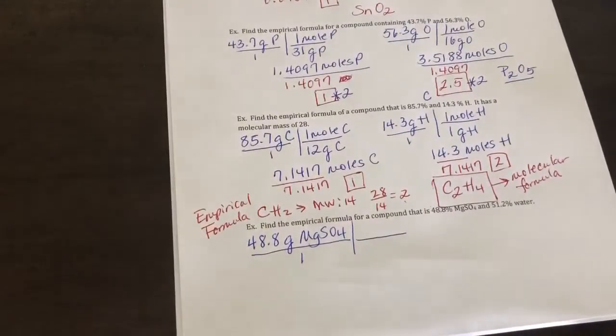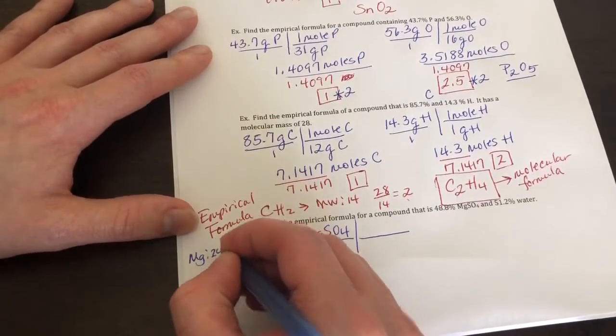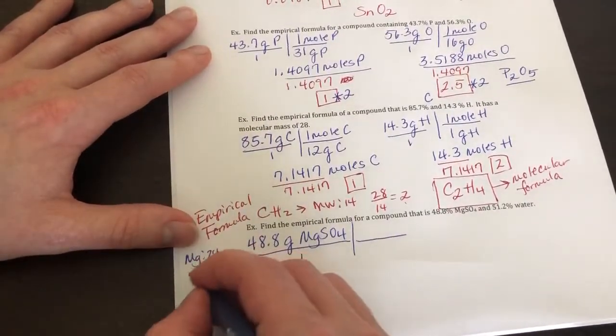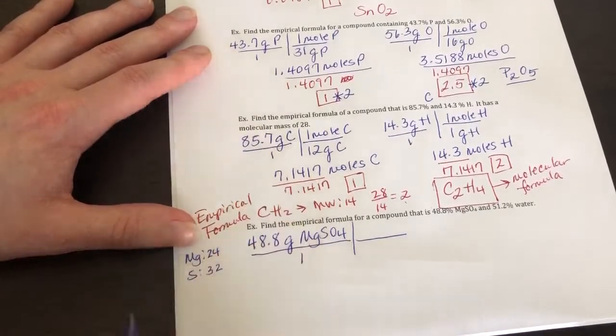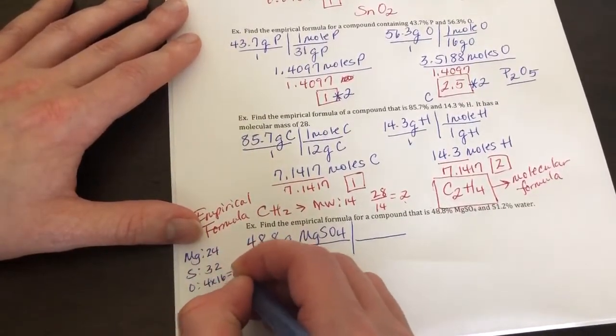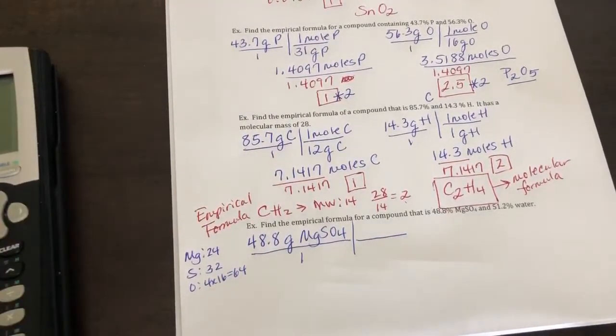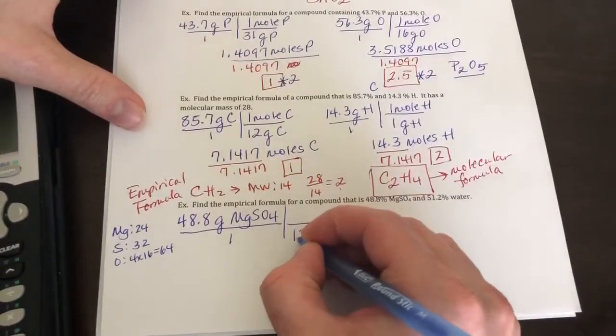So Mg weighs 24. Okay, sulfur weighs 32. And you got 4 oxygens at 16, which is 64. So we're going to add those together, and we get 120 grams.